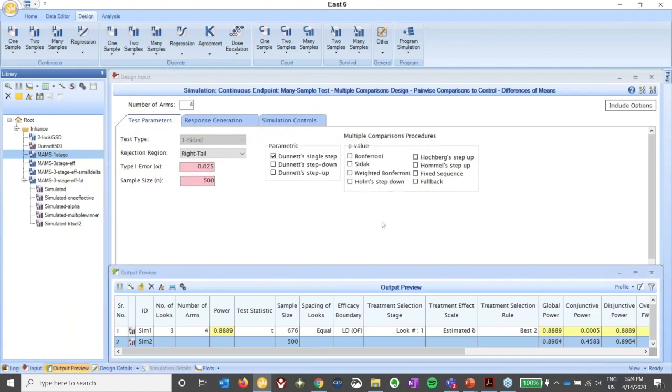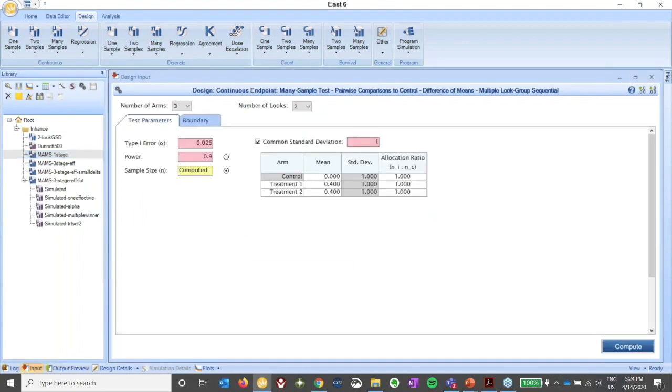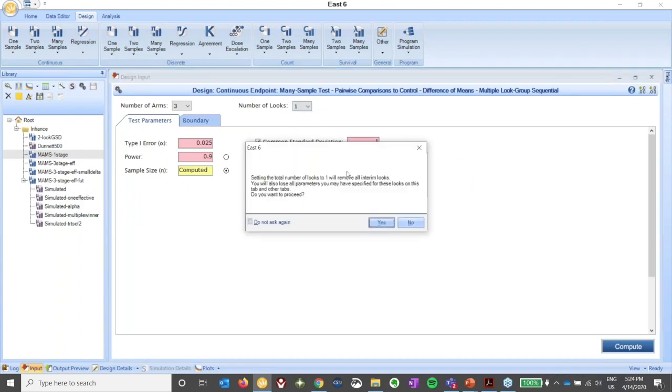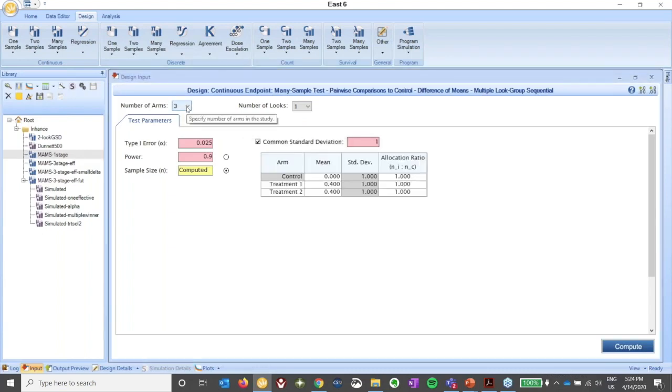So I'm going to attack exactly the same problem that I showed before in the single stage approach. I'm just going to have one look here. I'm changing this to one look, and I'm also changing the number of arms to 4, just to have exactly the same setup as the one that I just illustrated.